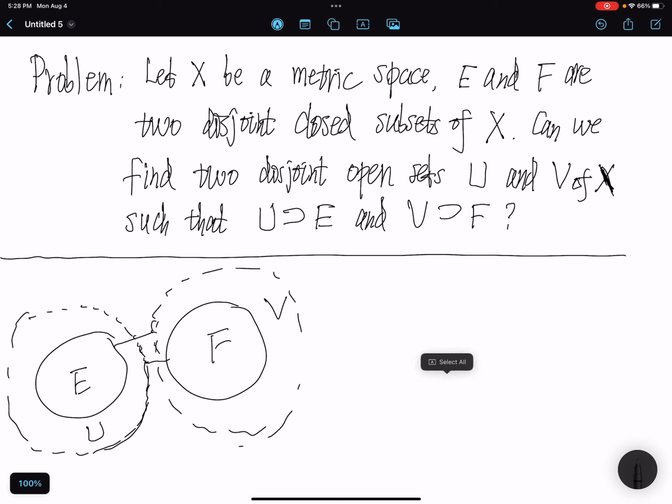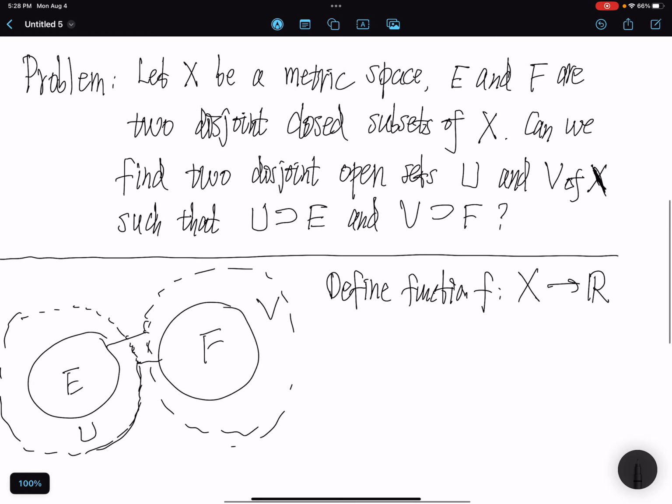Let's define a function f from this metric space to the real numbers.